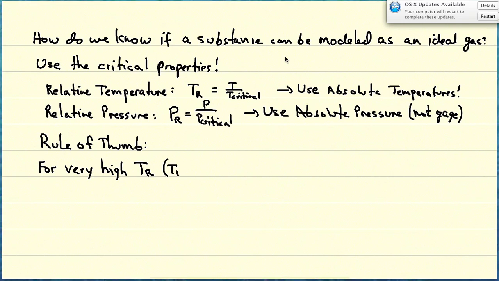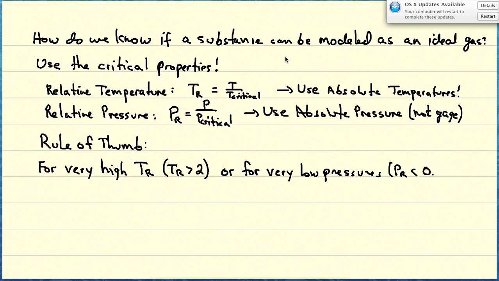For relative temperatures greater than 2, so if the temperature of your substance is twice the critical temperature, or for very low pressures, and again, what does very low pressure mean? Well, in this case, we would say for a relative pressure less than 0.1.